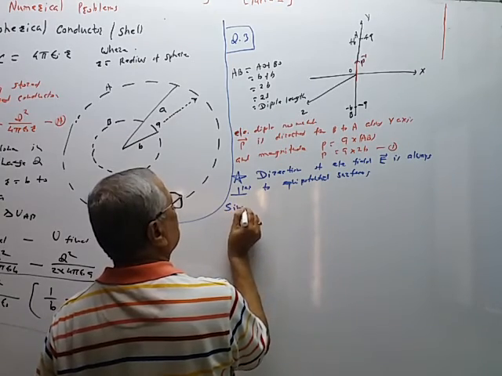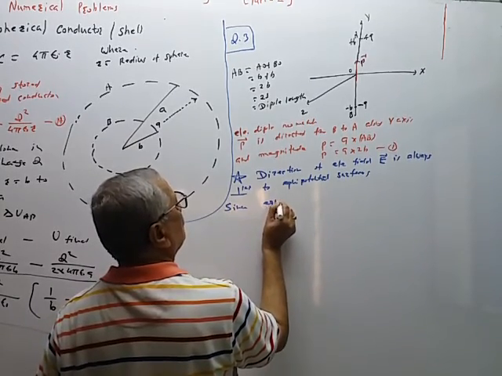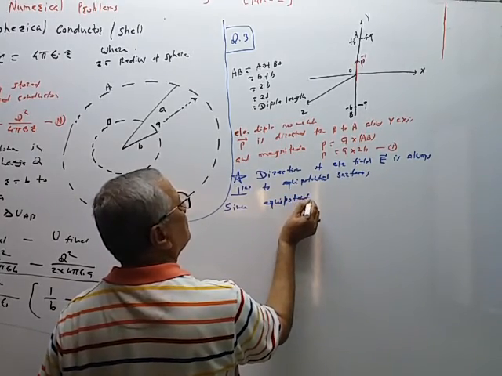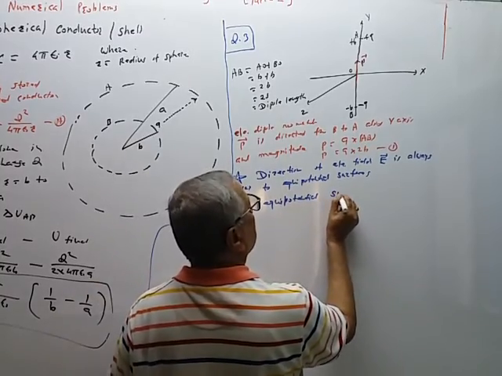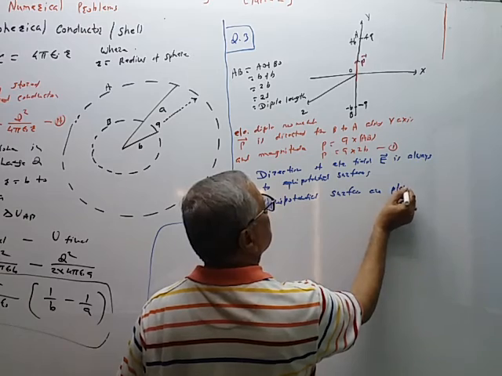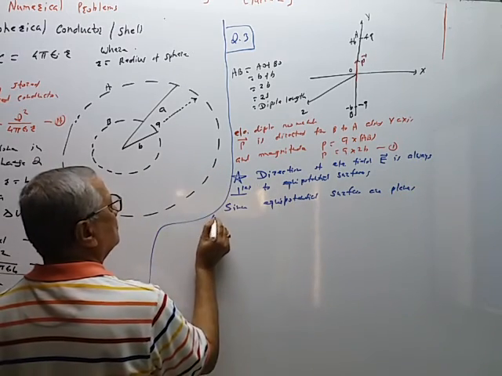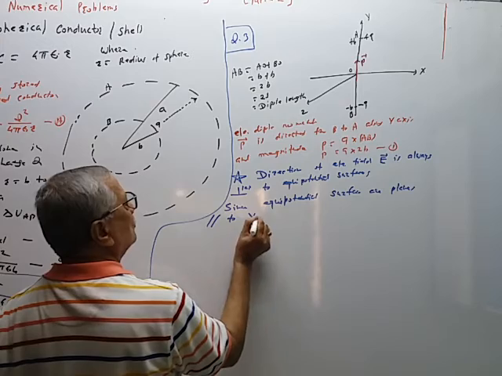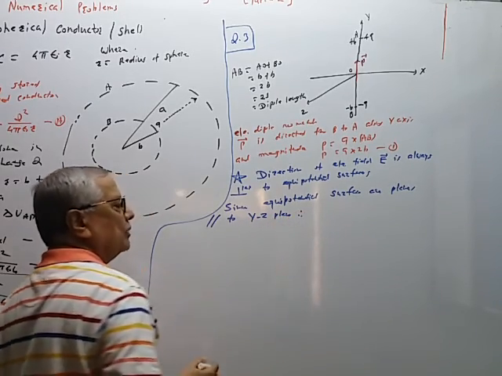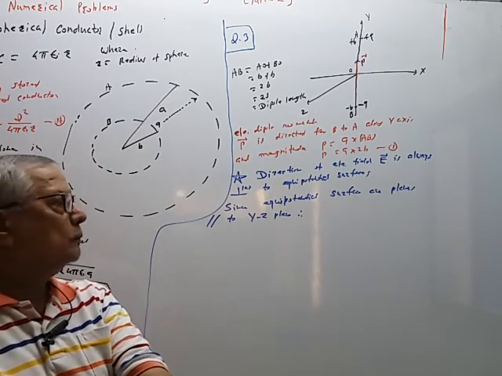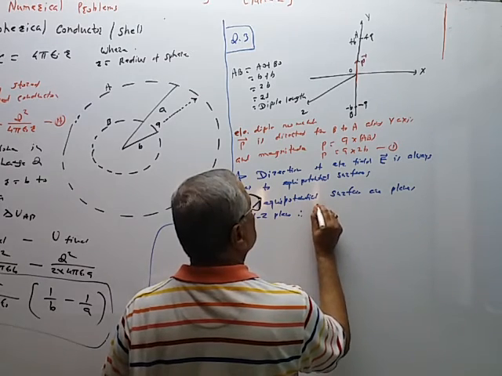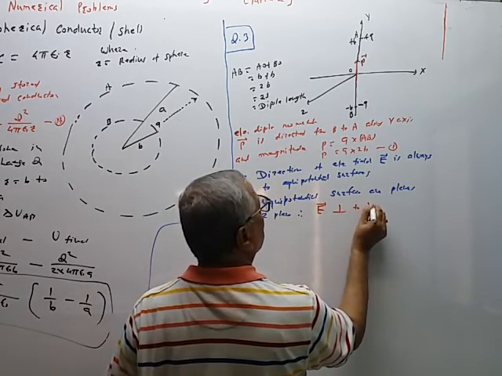Since equipotential surfaces are the planes parallel to the yz plane, therefore the electric intensity E is perpendicular to the yz plane.